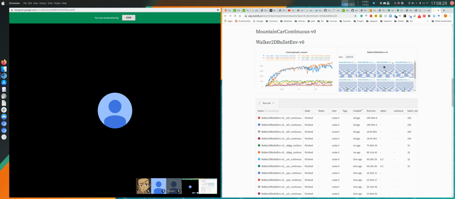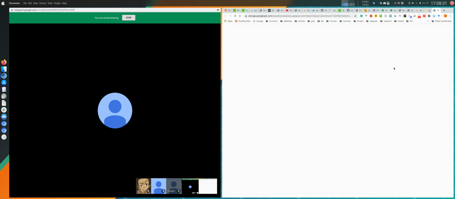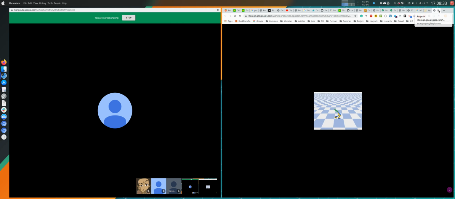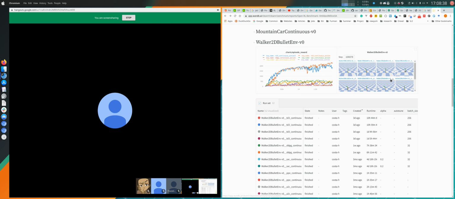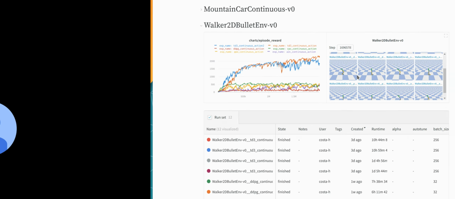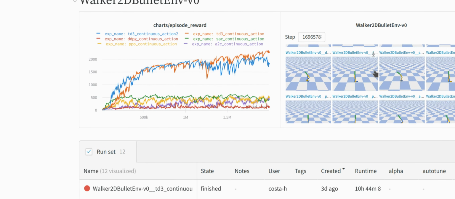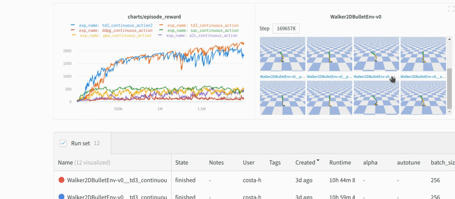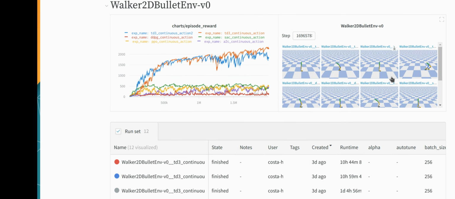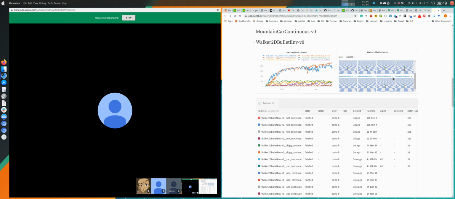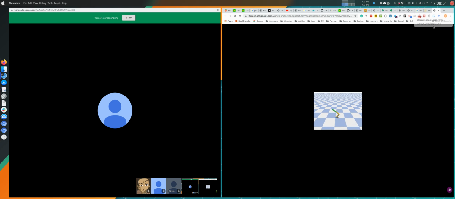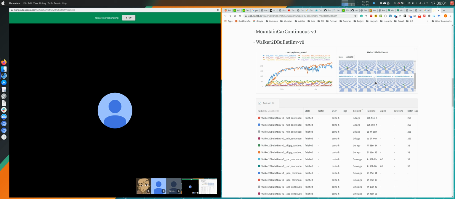And I believe this is one of the visualizations of the agent walking. And it's much better than a lot of the visualizations we see here, which appear to not be doing anything interesting. A lot of the algorithms seem to be stuck in a local minimum where the agent just bends the knee and doesn't really do any walking.